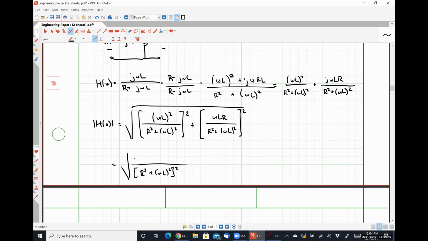So that's going to look like omega L squared times (R squared plus omega L squared). This cancels one of those, and so we're left with omega L squared over R squared plus omega L squared. So there's our magnitude.